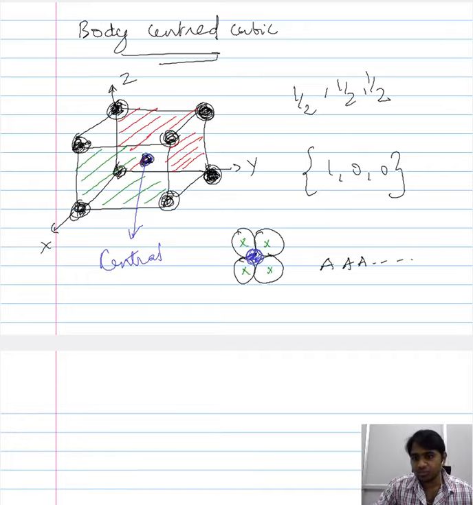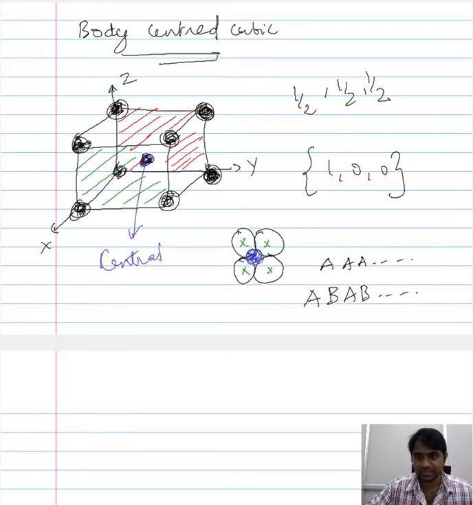However, since we have a central atom which is significantly moved from the positions of the red plane atoms, or the base plane atoms, you have to include the sequence of this atom here. You have to show that the position of the atom between these two planes, the red and the green plane, is different. Therefore you introduce a different nomenclature. So ultimately you would have an AB sequence along the family of 1 0 0.